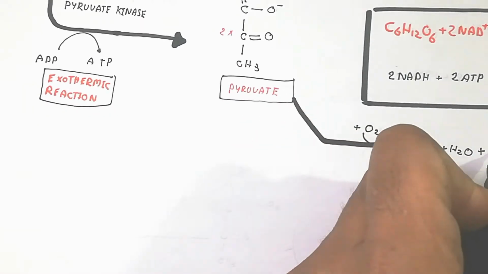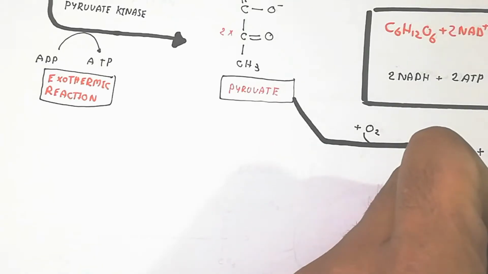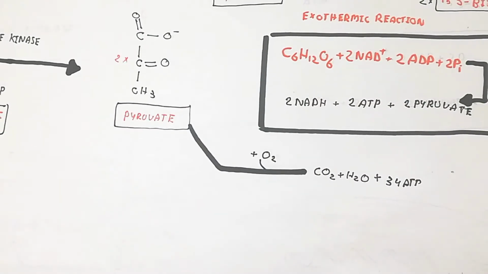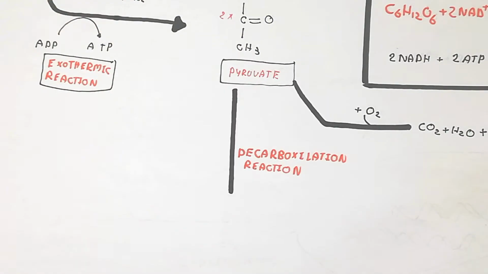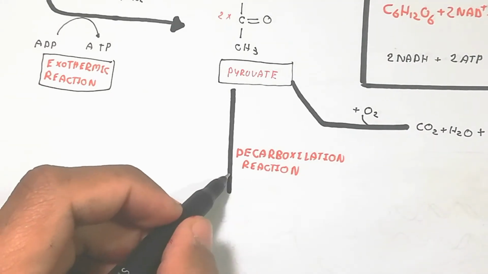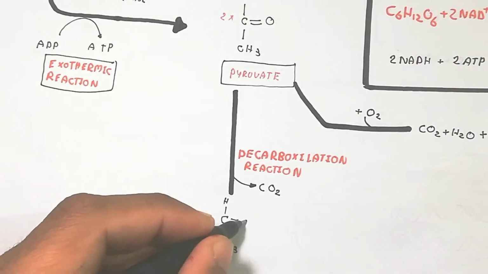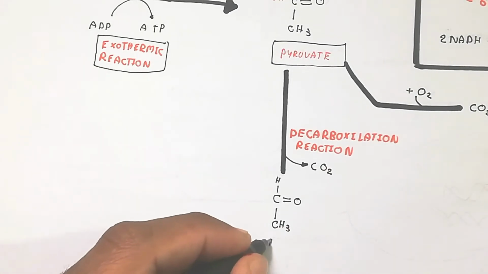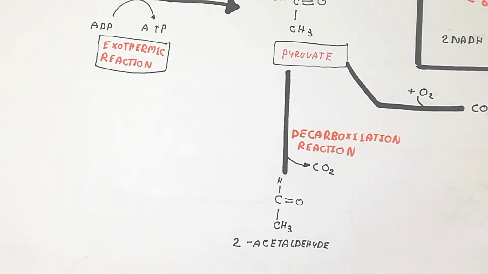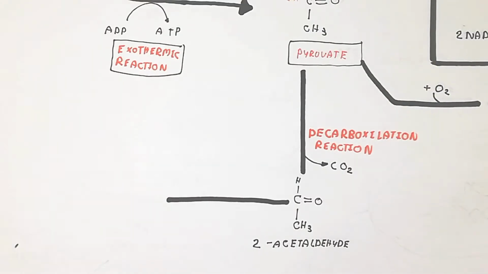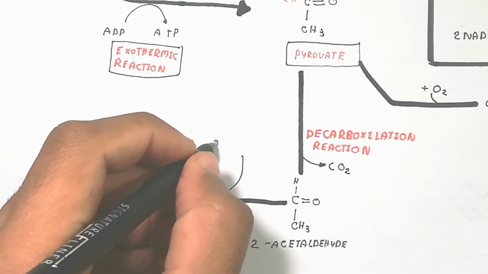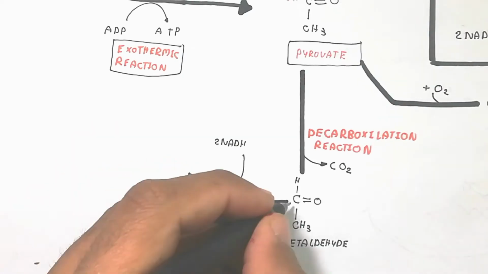Pyruvate will go through a chemical reaction in the mitochondria, using oxygen, to produce the Krebs cycle, and the Krebs cycle yields 34 ATP, carbon dioxide and water as products. But on the other hand, in the decarboxylation reaction carbon dioxide is released, the decarboxylase enzyme is used for the reaction, and 2 acetaldehyde will be produced.